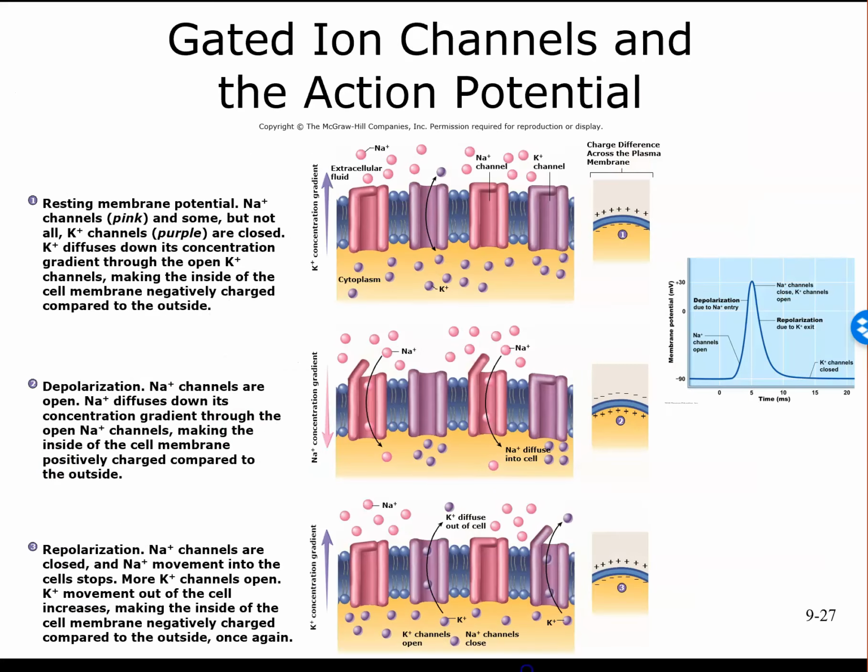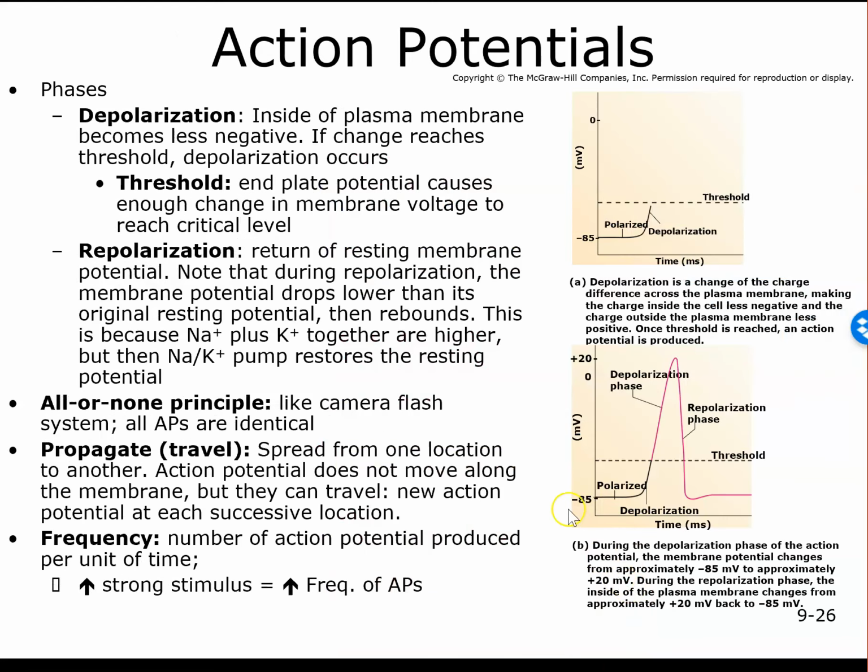So basically the action potential is spreading from one location to another, so that the action potential is going to travel and create a new action potential at each successive location. And frequency will be the number of action potentials that are produced per unit of time. So for a stronger stimulus, we need to increase the frequency of the action potentials that take place.